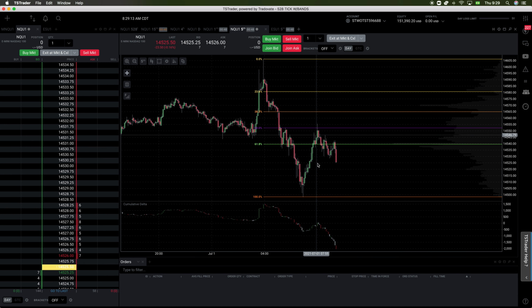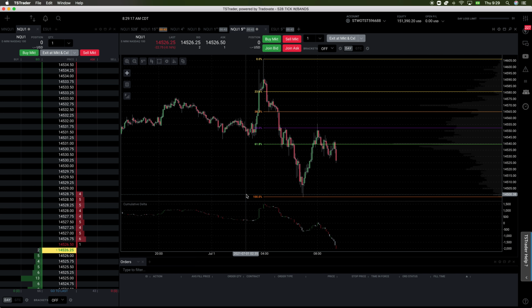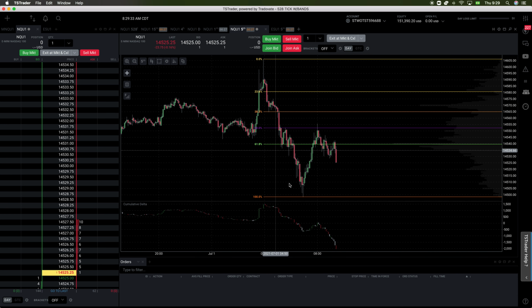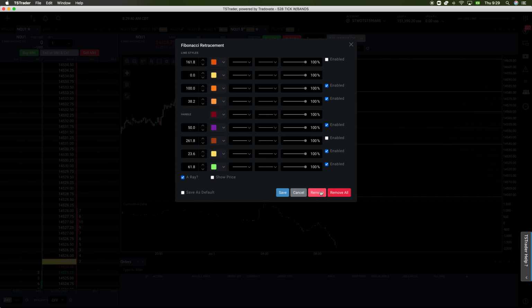So we may actually see a move back down to 14,500. If we break past, I will keep waiting, but I do want to wait until we get down to the 14,500 level to see what is going to happen today in the market. Again, beautiful fib retracement, right off of the 50 level. Very cool.